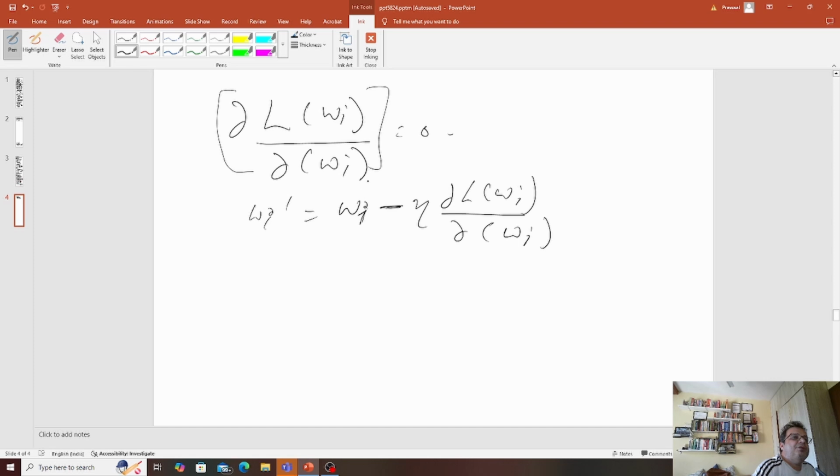We started from w naught, then w1 and w2. Eventually you need to reach wi star. So your new value wi dash is going to be your current value wi minus the slope, the direction, times this term, which is called your learning rate.